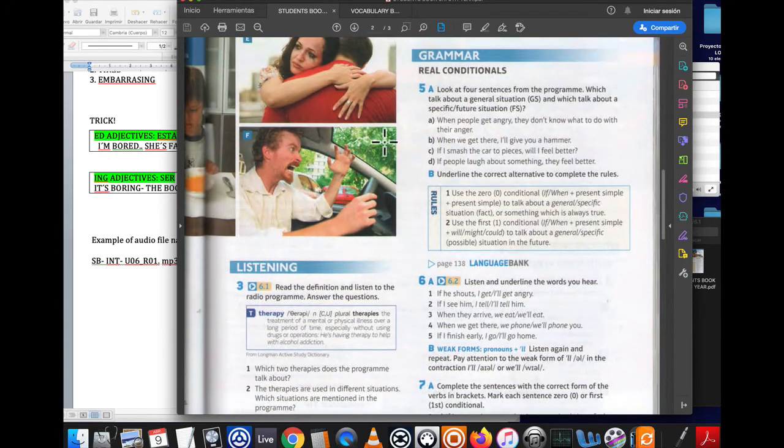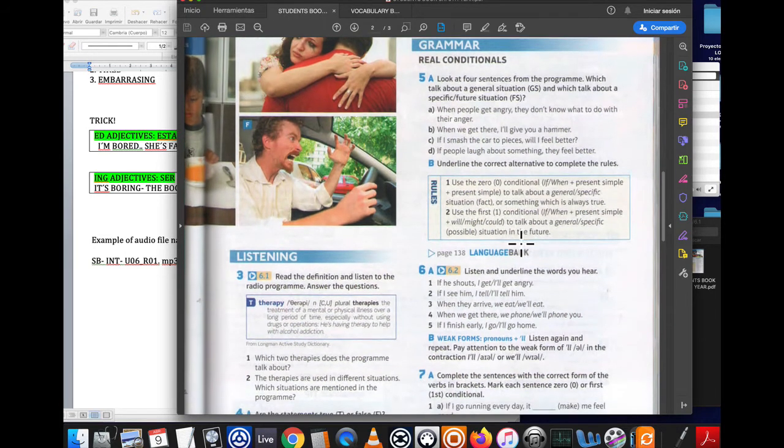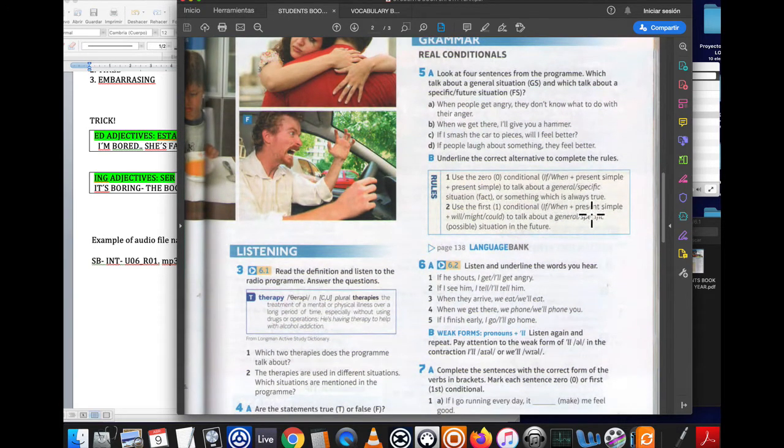Then we are passing on to real conditionals that we have seen. Real conditionals are 0 and 1. Look at this. You know the real conditionals. Use zero conditional if or when plus the present simple to talk about general or specific things. You decide which of these is the rule, yes? And then use the first conditional if or when plus present simple plus might, will, or could to talk about possible situations in the future.